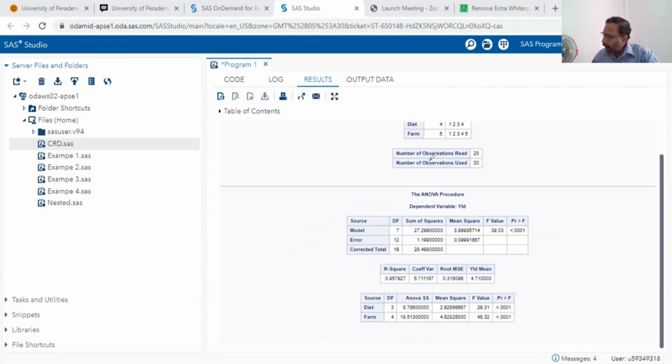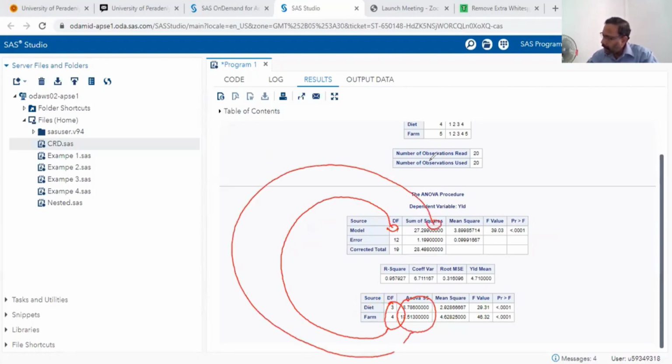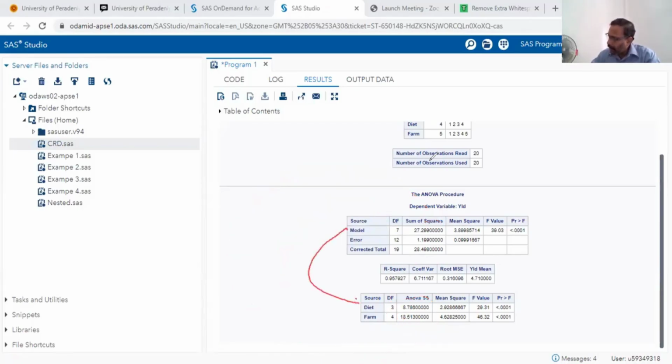Here, when you add these sums of squares, as I said, either sums of square or the degrees of freedom, it is same as the model sums of square and the model degrees of freedom. So that is one thing. Since the model is including both components, diet and the farm, if you look at the model significance, this is significant because why?